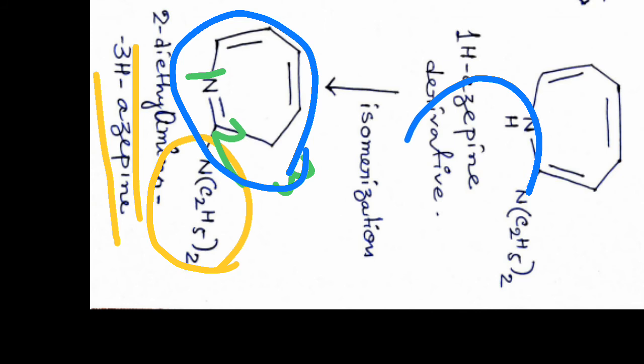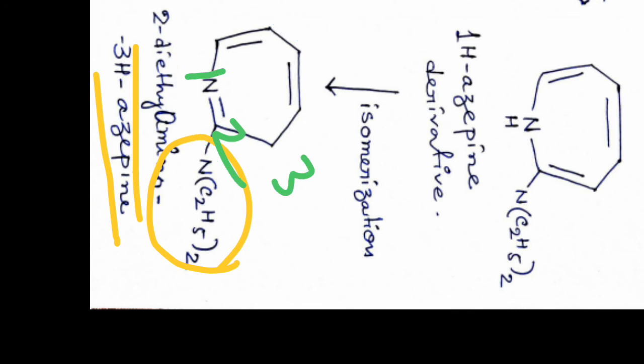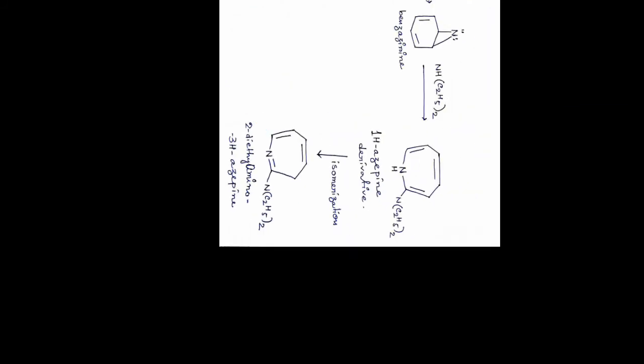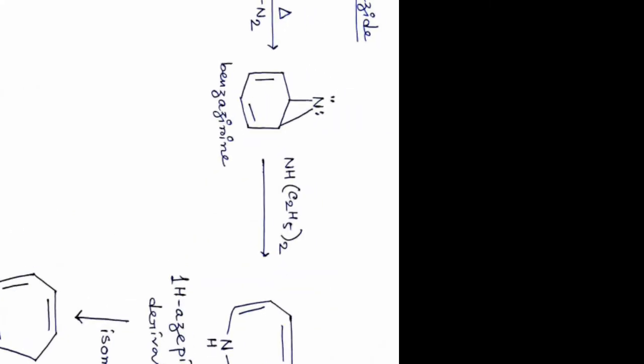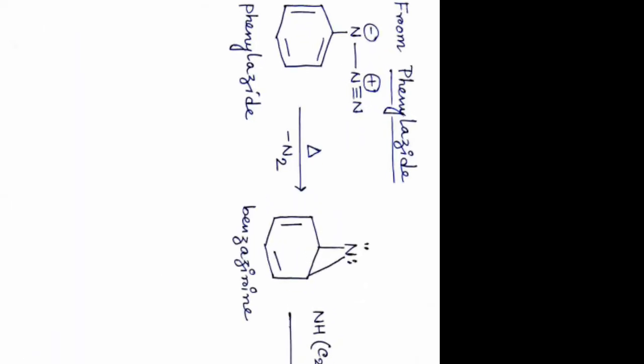Whenever we discuss the structures of azepines, the numbering will start from this as number 1, this is number 2, and this is number 3. So that is why the substituent is present at position 2, diethylamino. That is why the compound is 2-diethylamino 3H azepine.